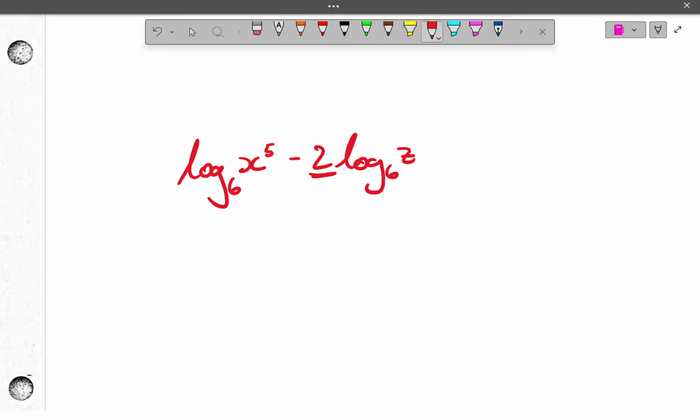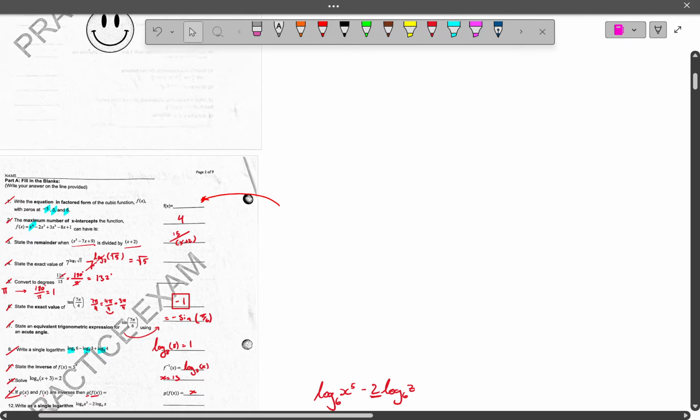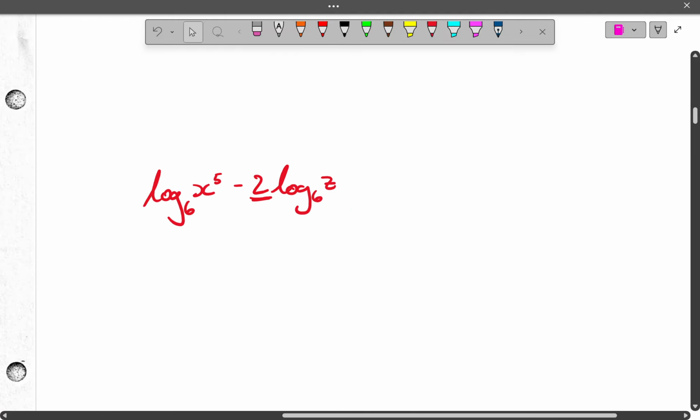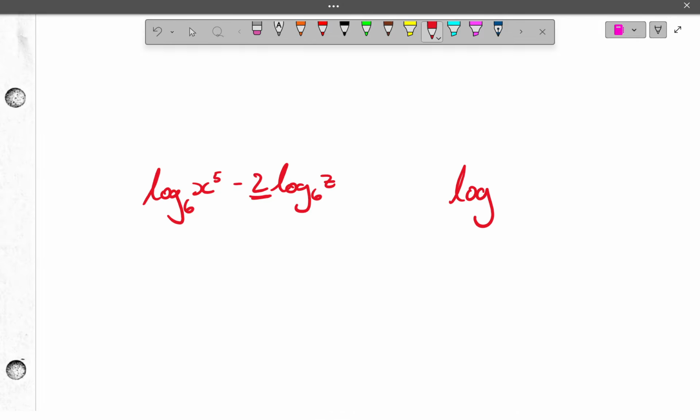There was an example earlier, but I've erased it right now. One of the log rules is that if you have any log that has an exponent, for example, I have x squared here, this exponent can be brought to the front.